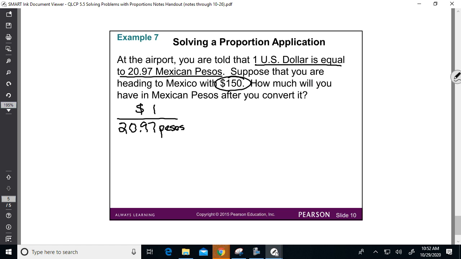So 150 US, since US is sitting at the top, stays at the top. Mexican pesos is what you want, so that's considered. Any questions before we continue?